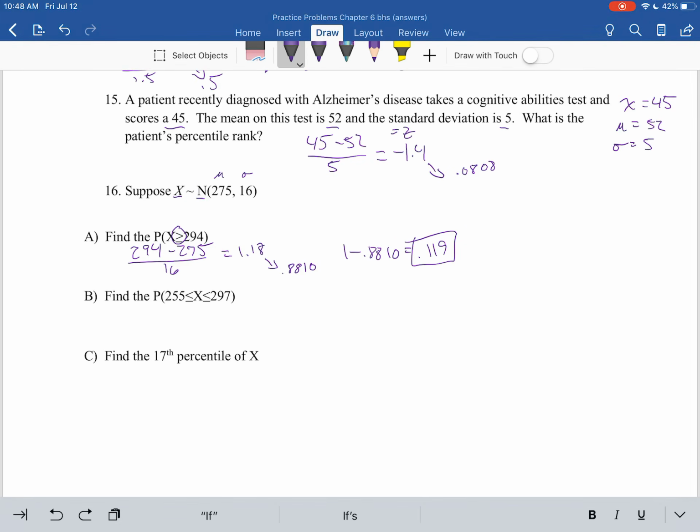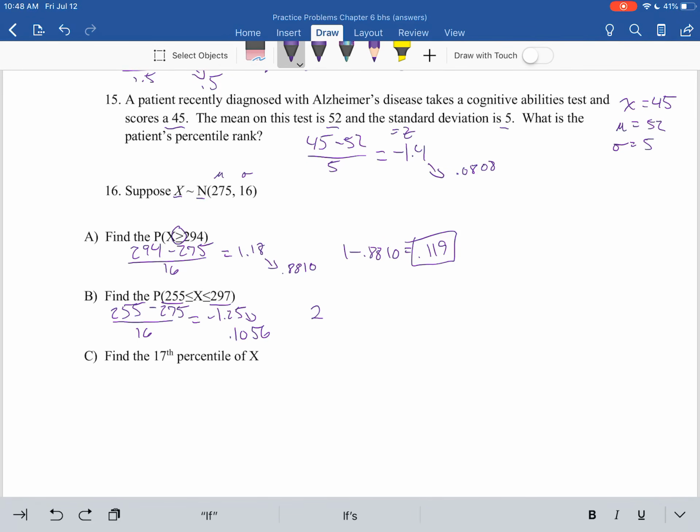We're trying to find the probability between two values, just like we were doing above. We have two values of x that we're trying to find between, so we're going to take 255 minus 275 divided by the standard deviation of 16, which equals negative 1.25. When we go to our table in the back, we'll find that to be 0.1056.